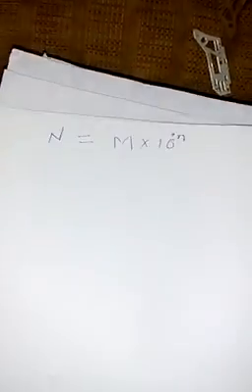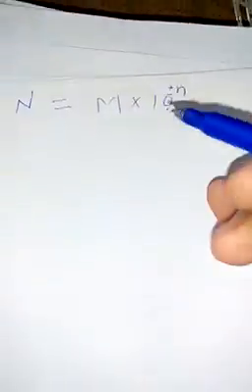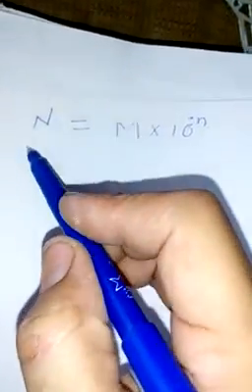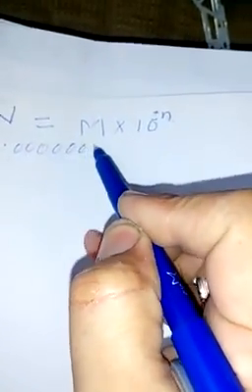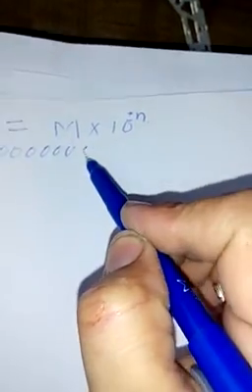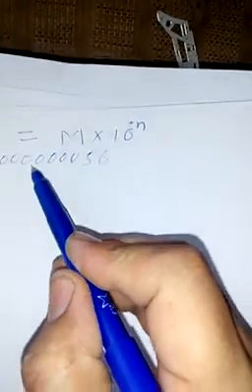Now, for example, we represent a number which is 0.00000056. So there are 7 zeros, and the first non-zero digit is 5.